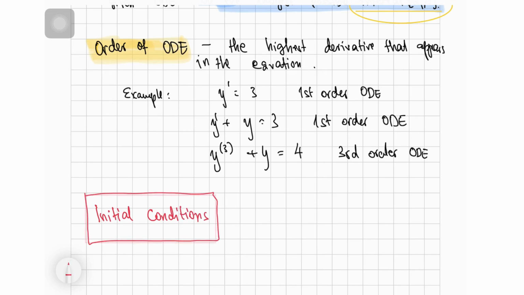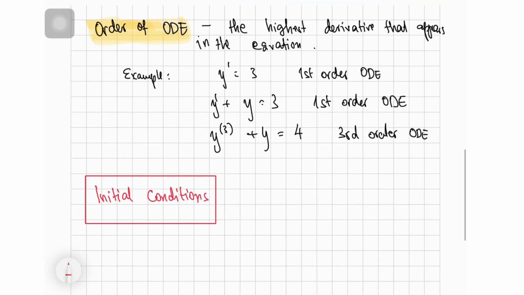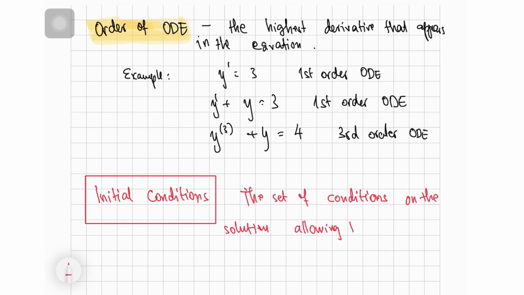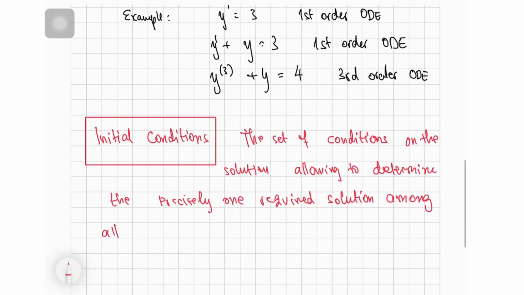Initial conditions are the set of conditions on the solution allowing us to determine precisely one required solution among all other solutions.